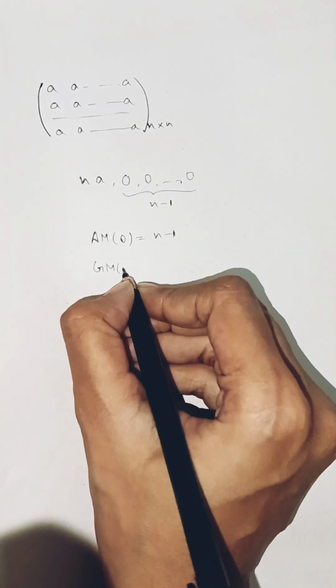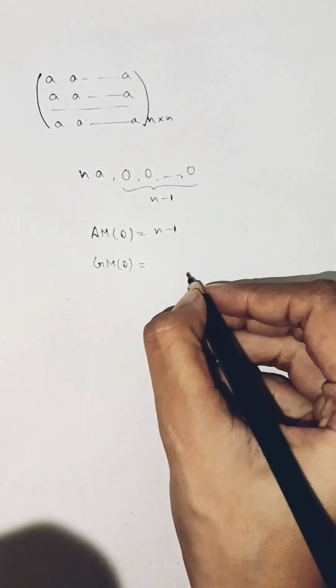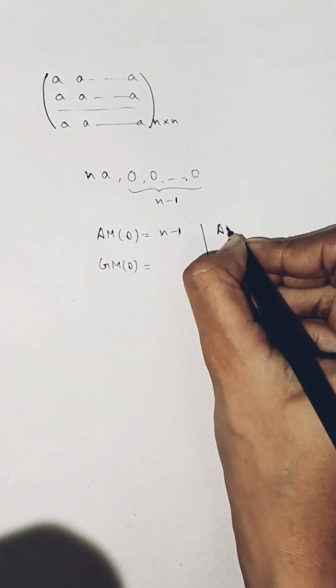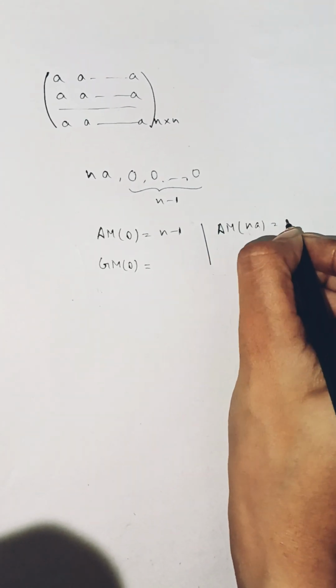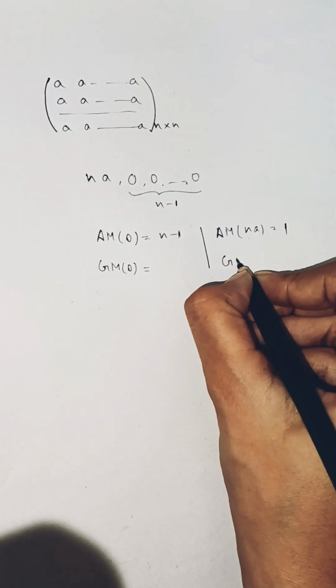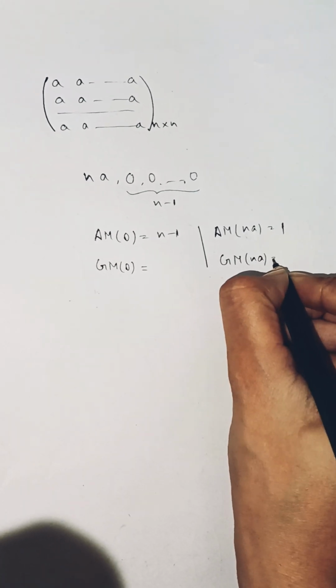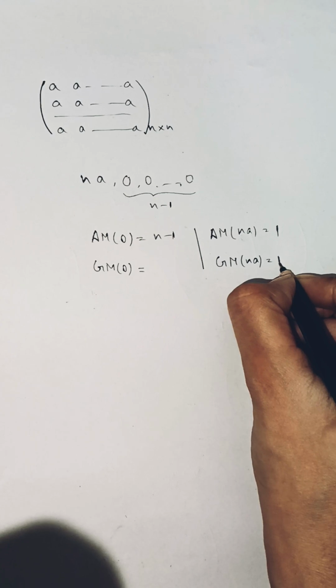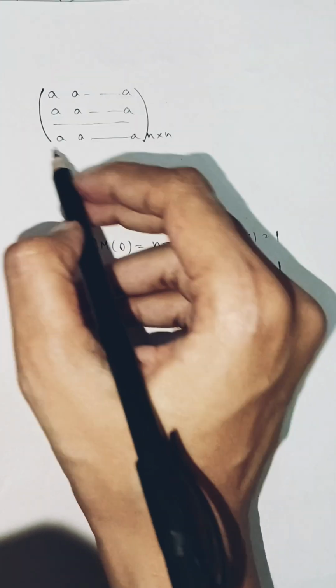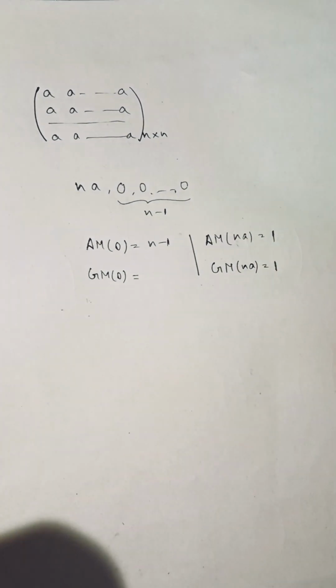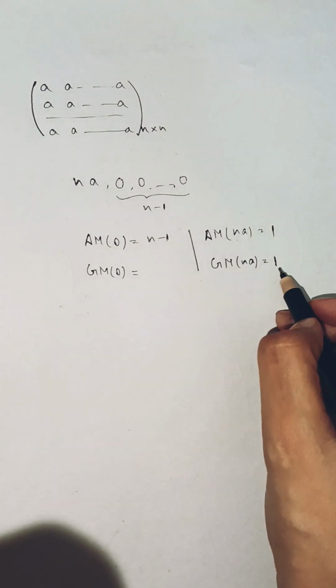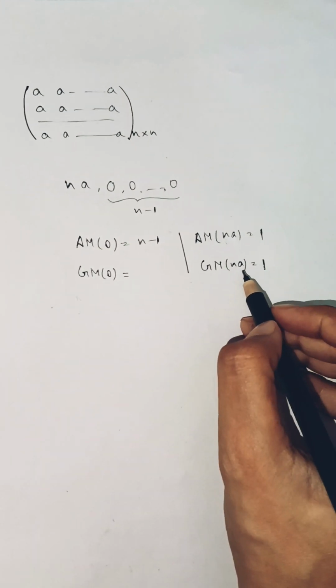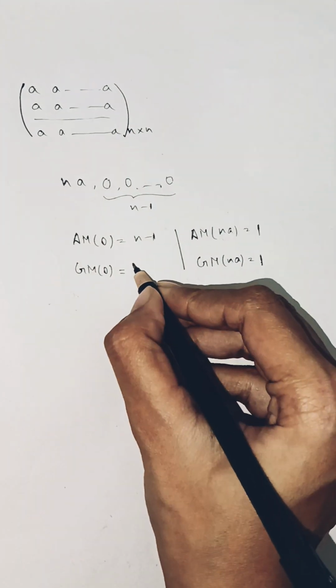GM of 0 is to be deduced later. AM of na is 1. GM of na is what? 1 again. Why? Because this is a symmetric matrix, so it is diagonalizable, and that is why AM is equal to GM. By similar approach, we can say GM of 0 is n minus 1.